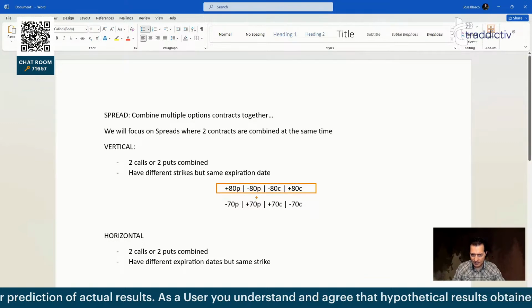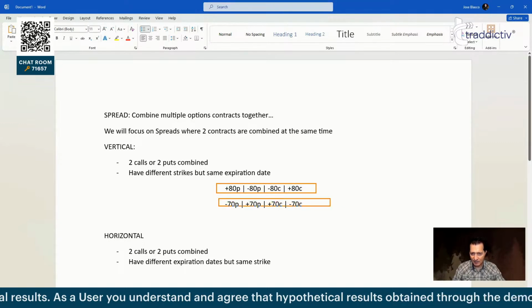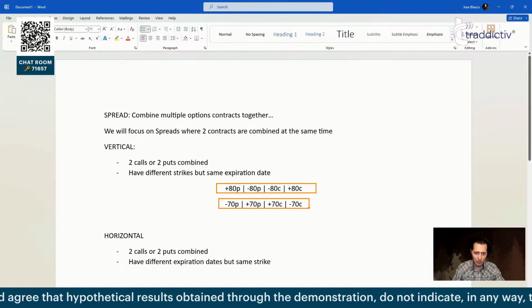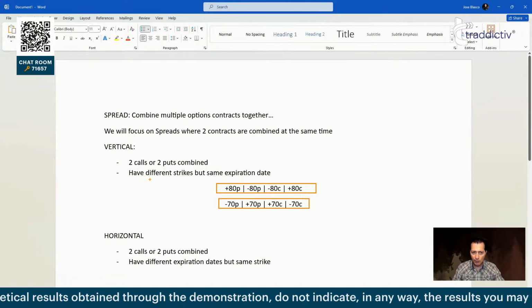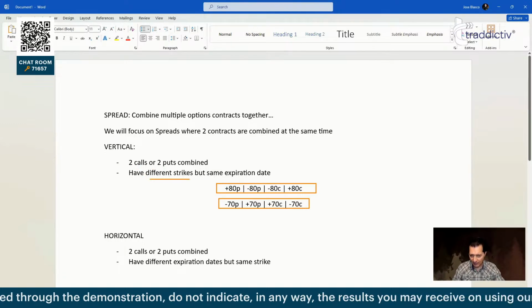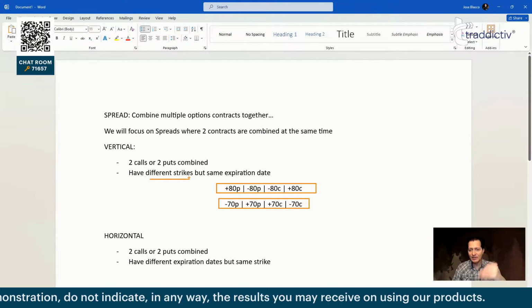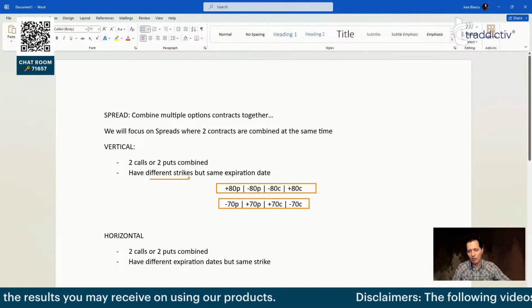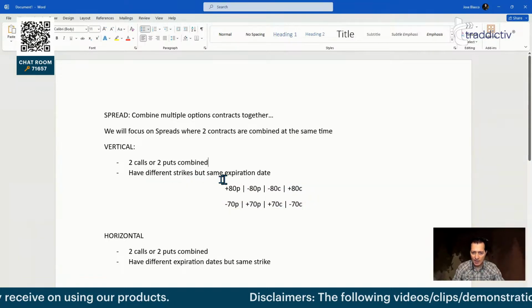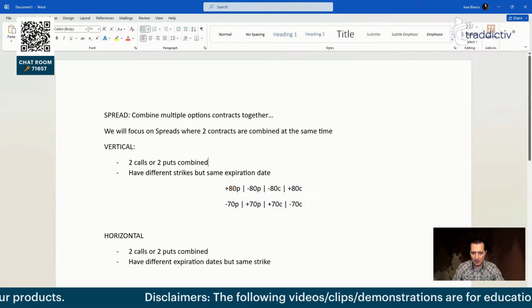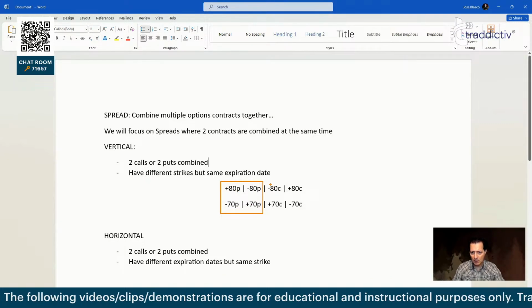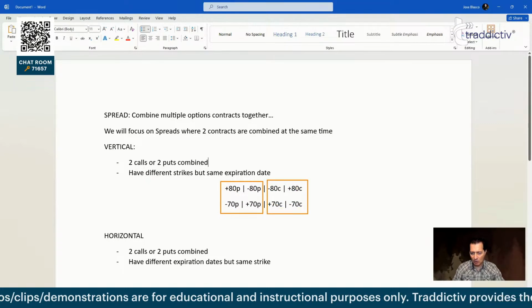80 is above 70. No matter if you buy calls or puts or sell calls or sell puts, 80 is above 70, which means different strikes. Okay, so using the 80 and the 70, one strike is always above the strike that is below, or one strike is always below the strike that is above. And of course, it can be puts or calls. Okay, so the two cases on the left are puts, the two cases on the right are calls.